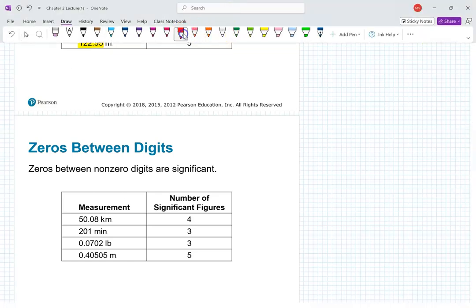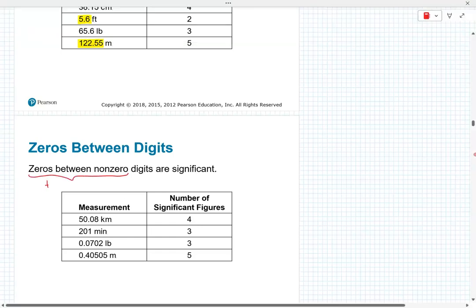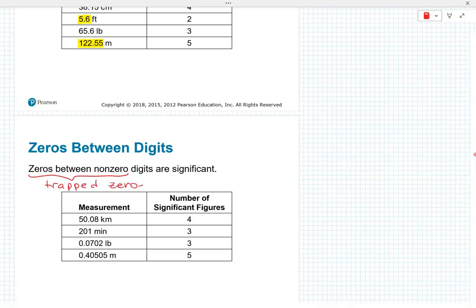Now, zeros between non-zeros. They are sometimes called trapped zeros. Okay? So now look at this. This number, how many trapped zeros do you have? 2.